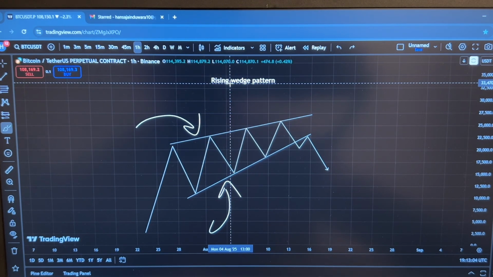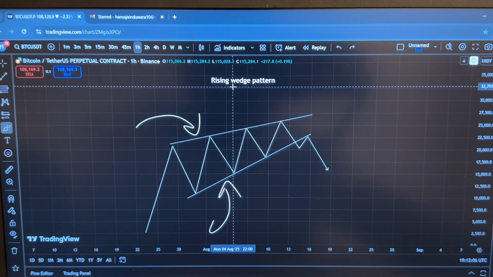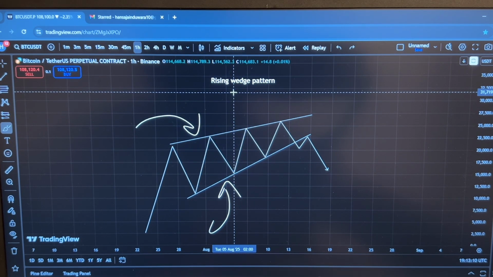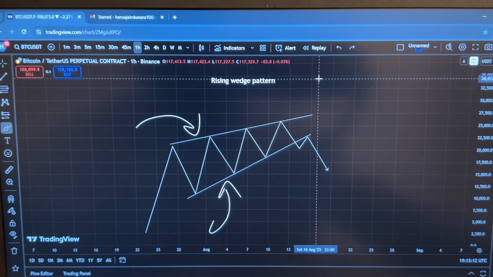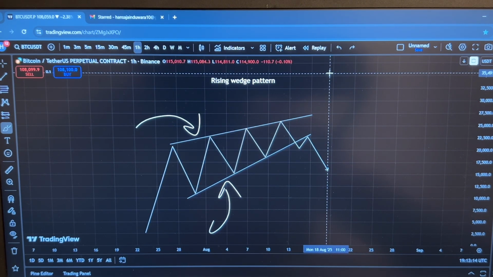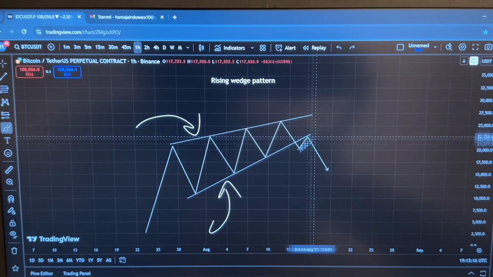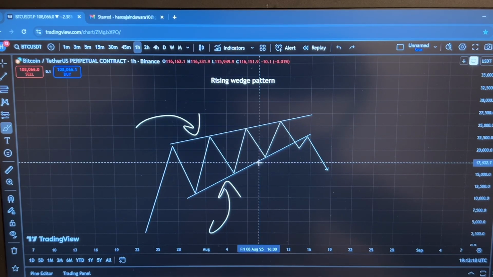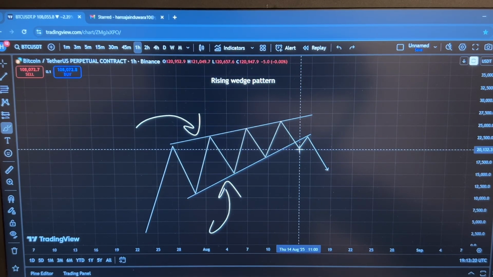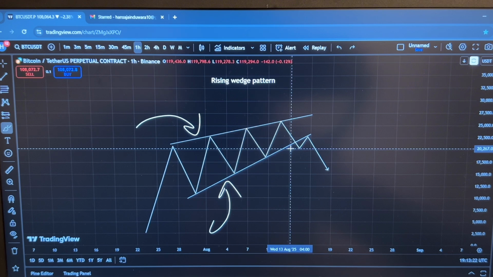So a rising wedge pattern happens in a market when the market is in an overbought position. It makes this kind of chart pattern so retail traders can actually get in on a good solid short trade.